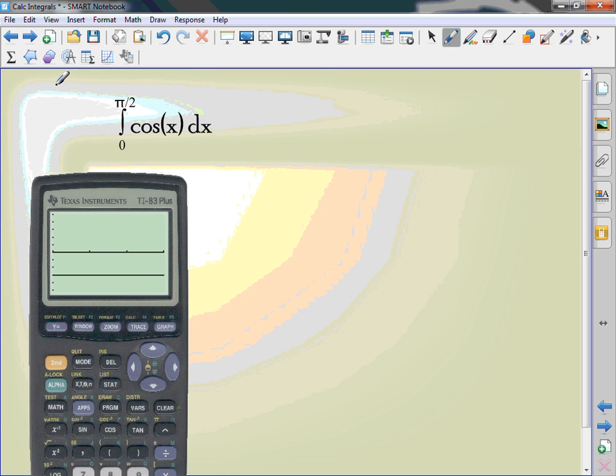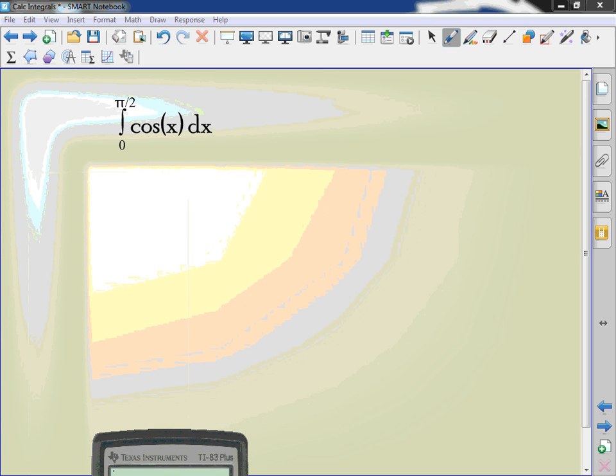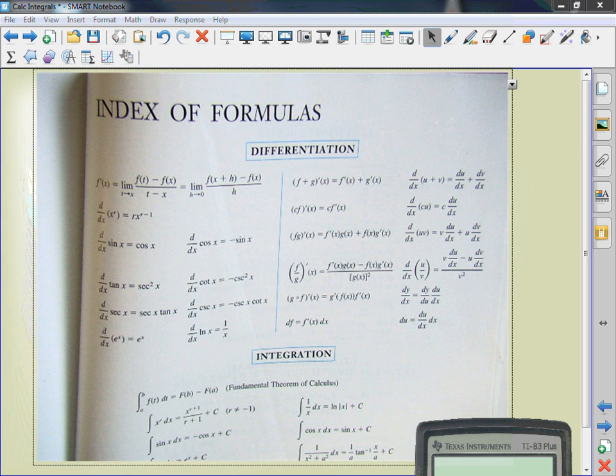Try this one. If everyone opens your book to page I3. On page I3, the top of it has all of the differential.